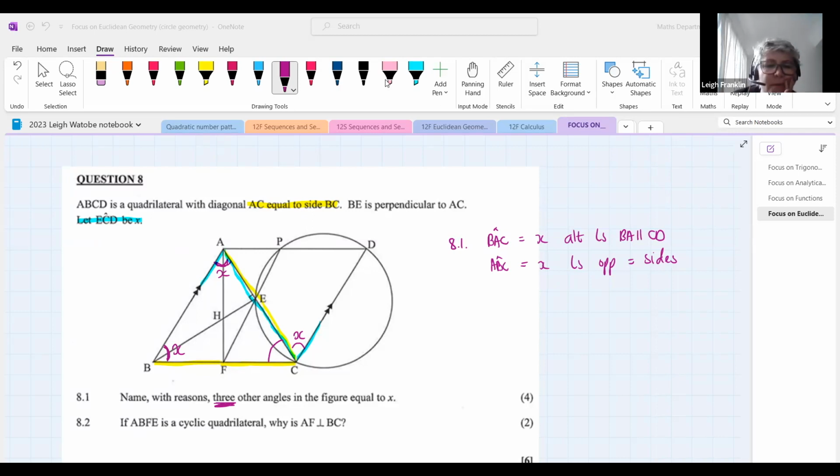We don't have angles in the same segment. I'm just having a look at, we know this angle here and that angle there. So this one would be 180 minus 2x. I wonder what they wanted here. C and F, angles in the same segment. So if you're working with angles in the same segment, then you've got to know that the quad is cyclic.